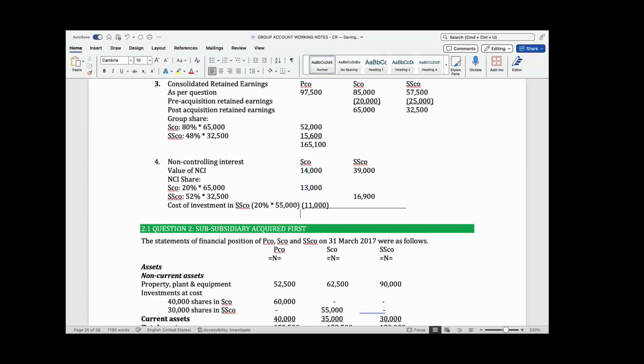Now, when we have that, what would this come to then? 27 minus 11, that's 16. And what's 39,000 plus 69? 55,900.